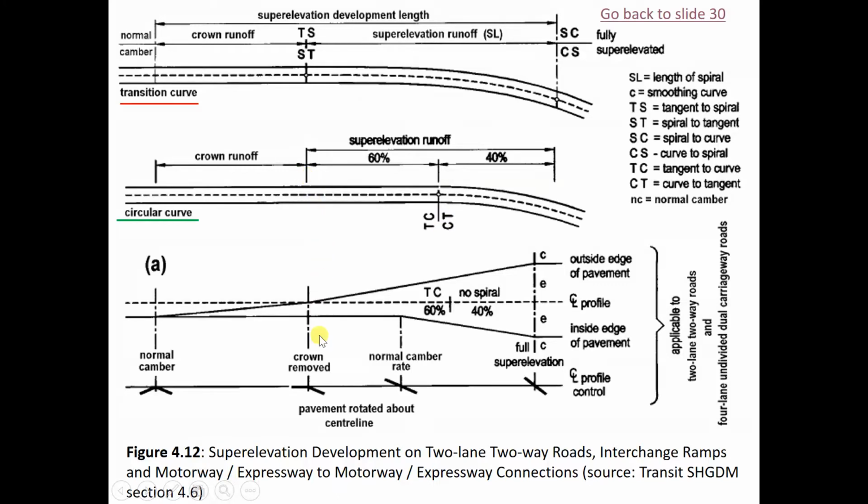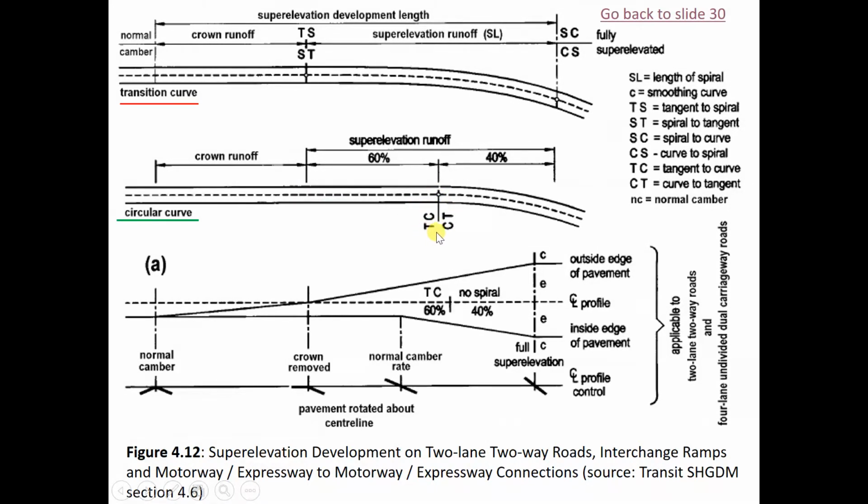But for the circular curve, this one is from this position, when the outside lane is level, towards full super elevation. Actually, there's no definite point here, but it is 60% in the horizontal curve.